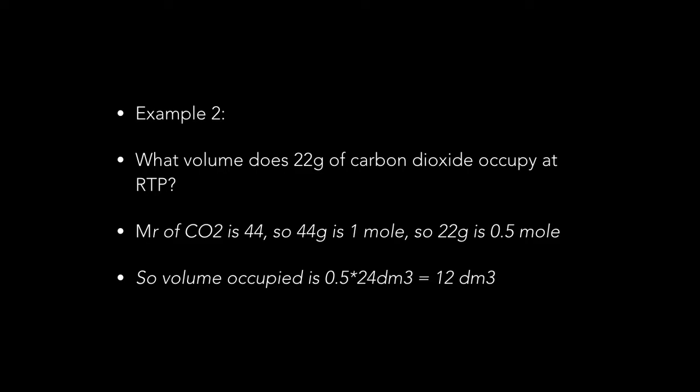What volume does 22 grams of carbon dioxide occupy at RTP? Now, the MR of CO2 is 44. So 44 grams is 1 mole. 22 grams is 44 grams divided by 2, so it's 0.5 moles. So the volume occupied by 22 grams of carbon dioxide is 0.5 times 24 dm cubed equals 12 dm cubed.